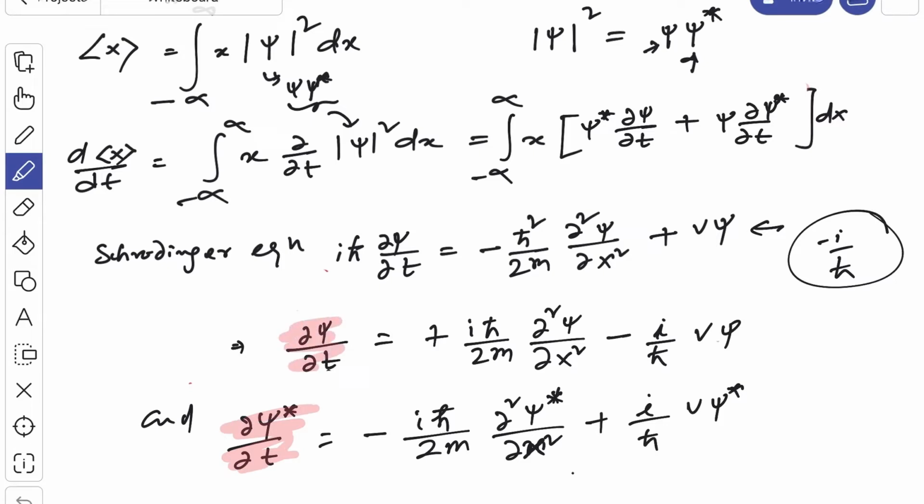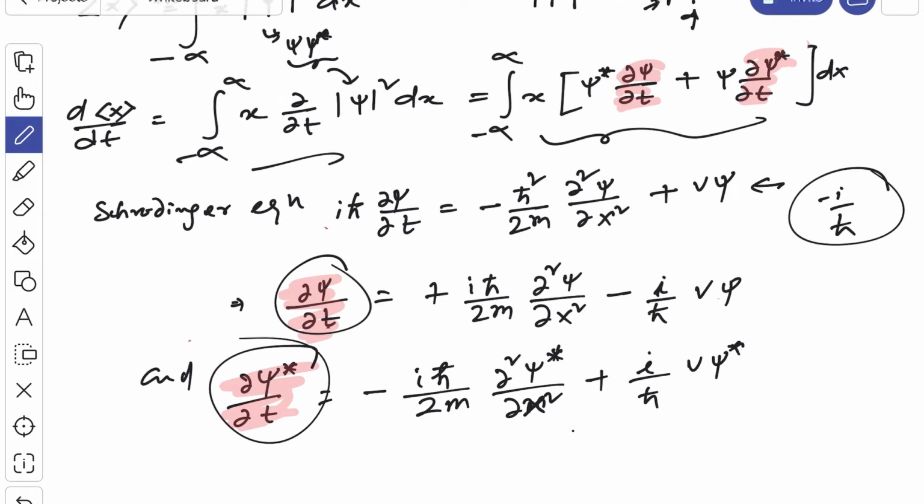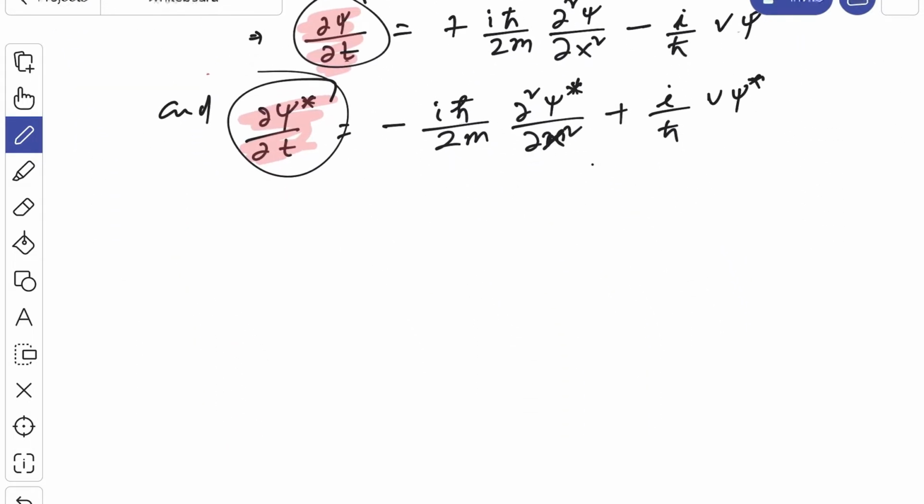So now we have got these two. If we use these two values, the values of del psi by del t and del psi star by del t, in the above relation, then what will you get?